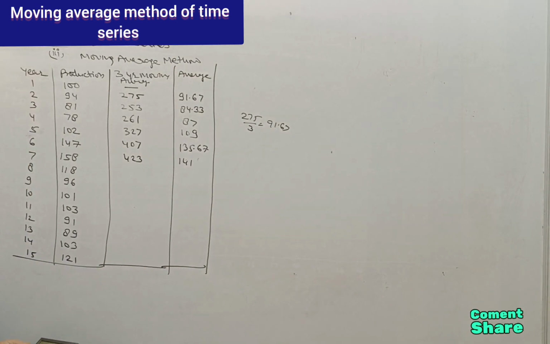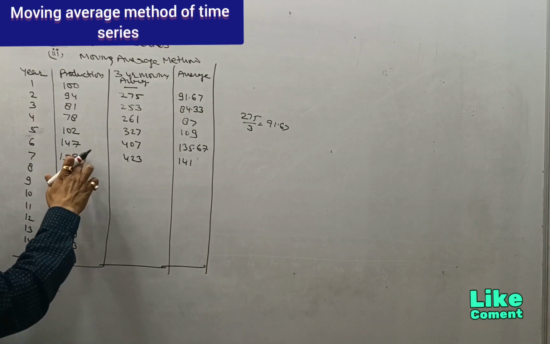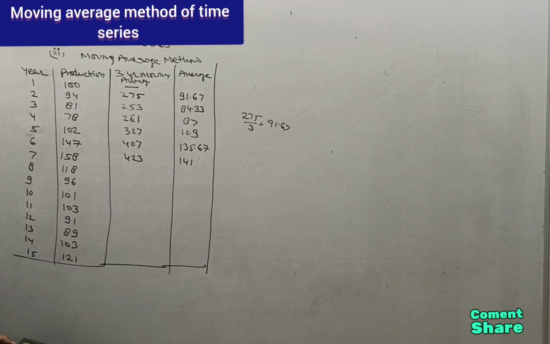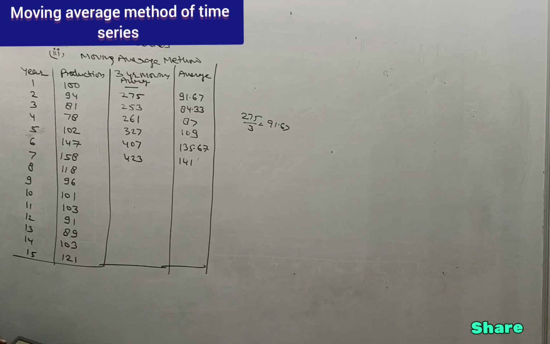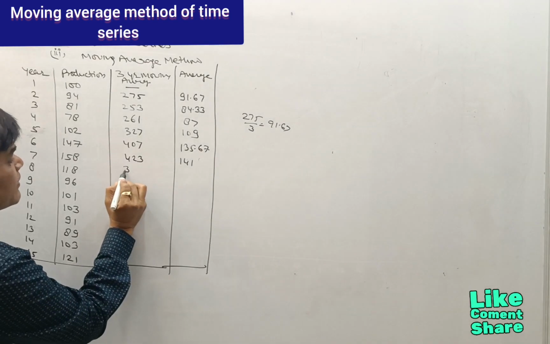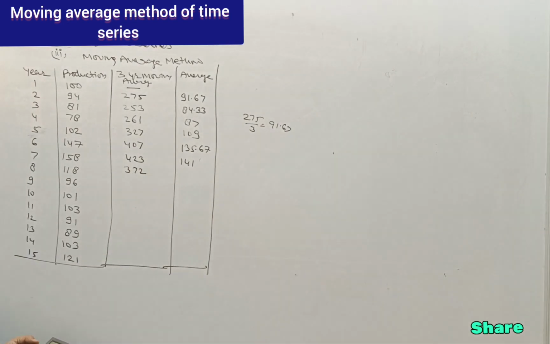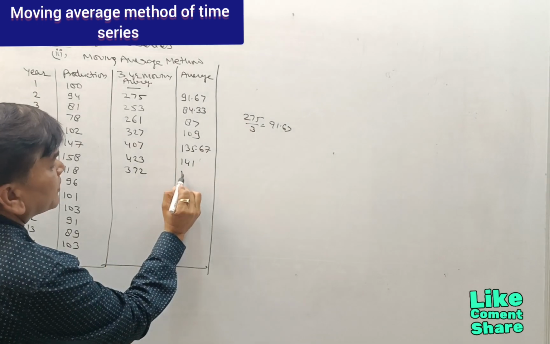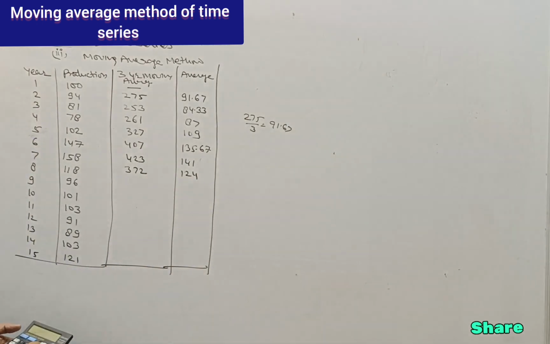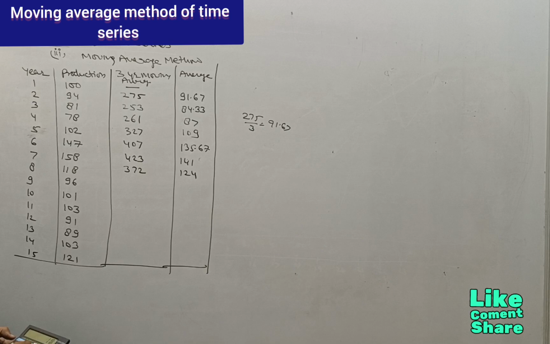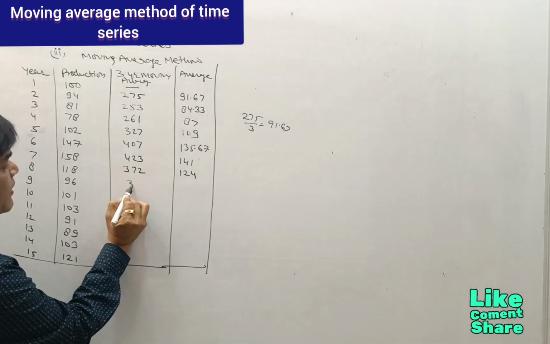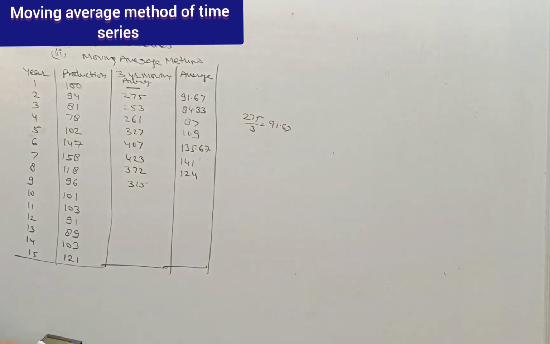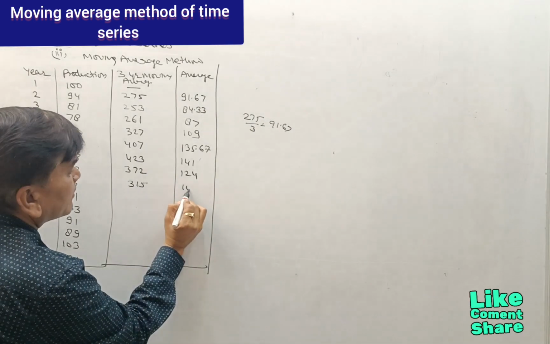Now 158 plus 118 plus 96, so the total is 372. Divided by 3, that is 124. Then 118 plus 96 plus 101, the total is 315. Divided by 3, that is 105.